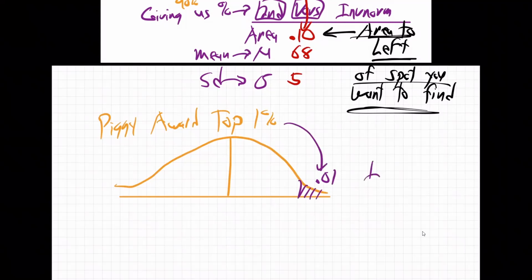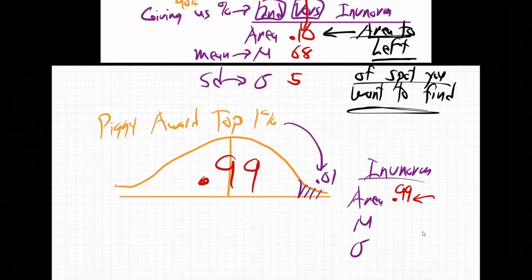So when you do inverse norm on that one also, you're going to do area, mu, sigma, it's all the same. But what would your area be in this case? 0.99. Exactly. You guys are getting it. All of this would be 0.99 because again, it's got to be area to the left, doesn't it? So if you're talking about the top 1% of eaters, then 99% is the area to the left. So watch out for that whenever you do an inverse norm.